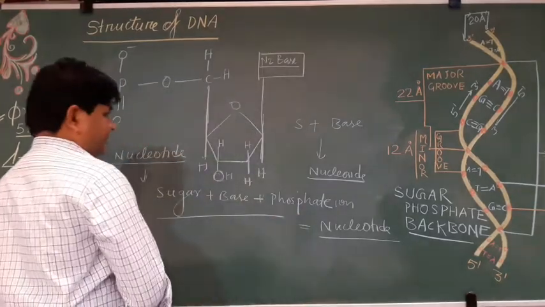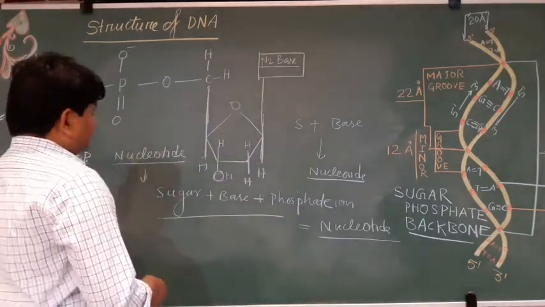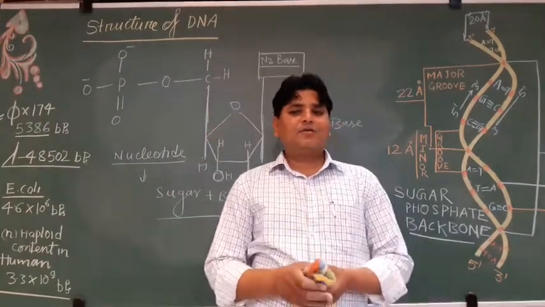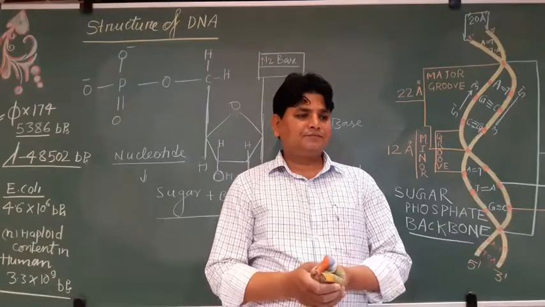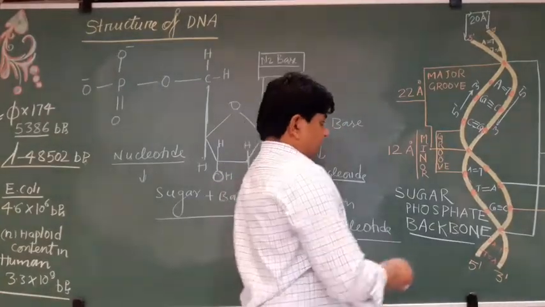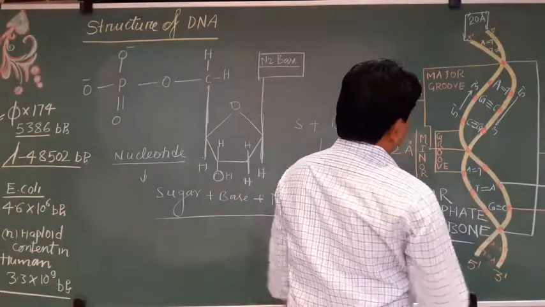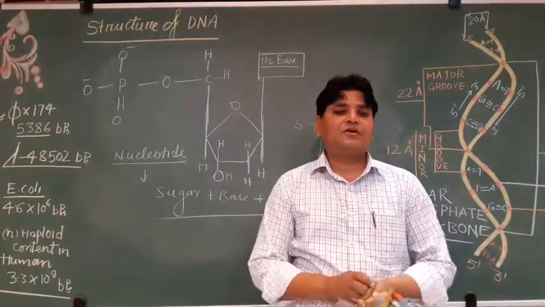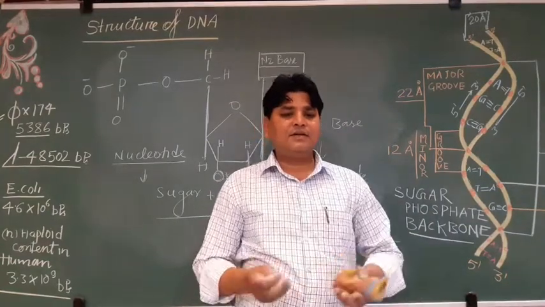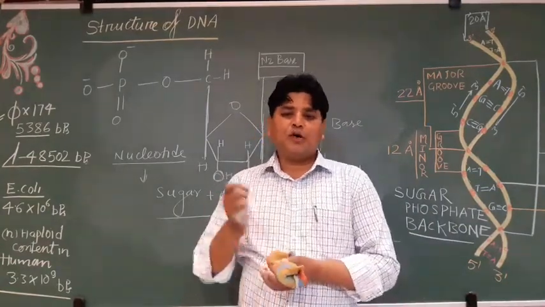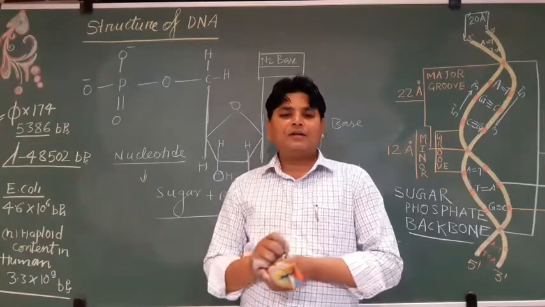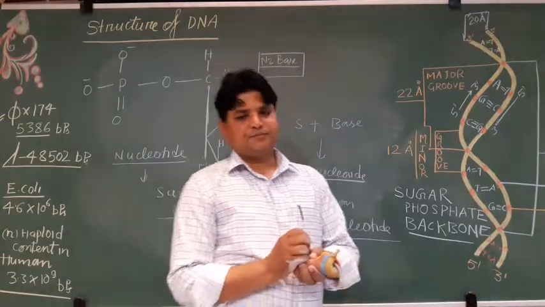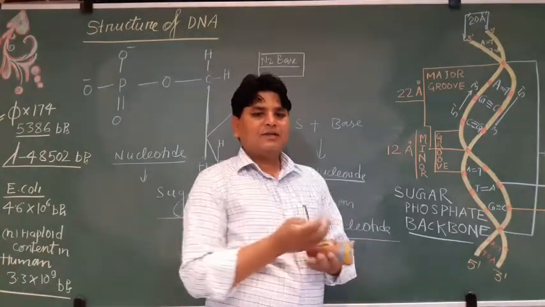After that, we are going to talk about the salient features of the double helical structure of DNA. You have to see these structures also here. The first feature is that it is made up of two polynucleotide chains, where the backbone is constituted by sugar phosphate and bases project inside.